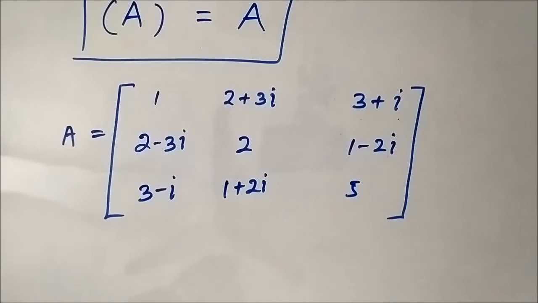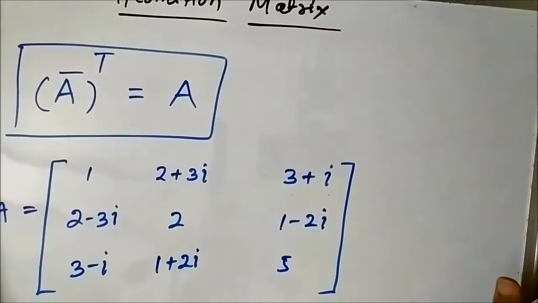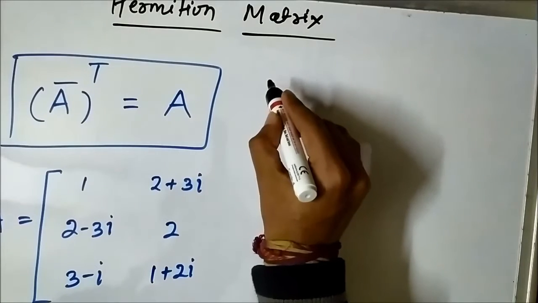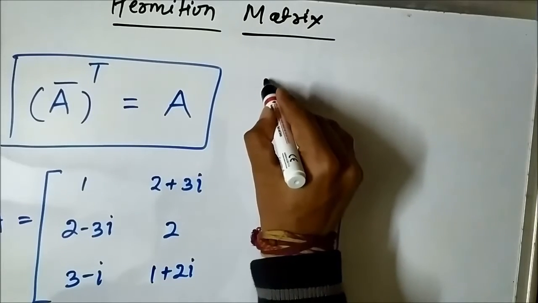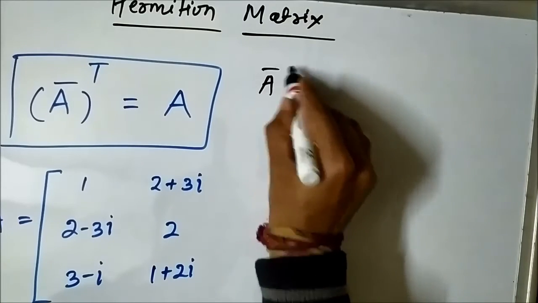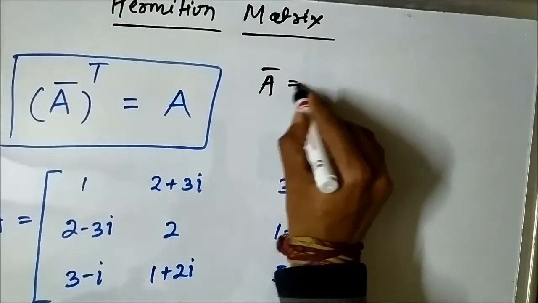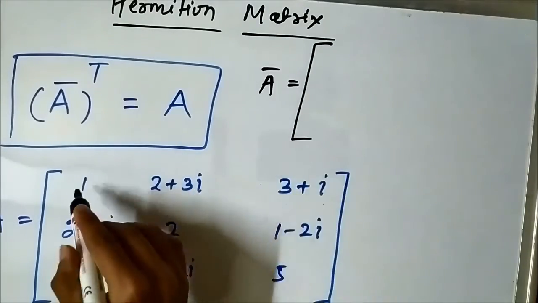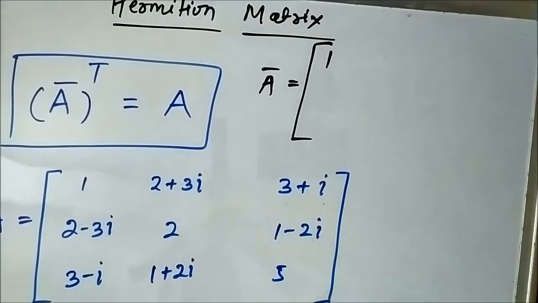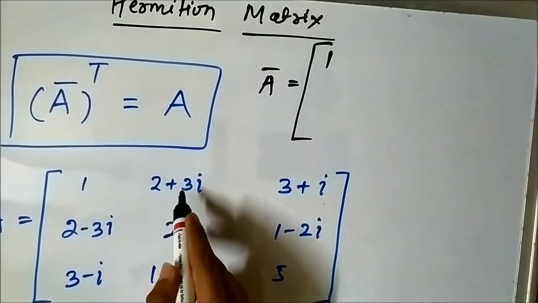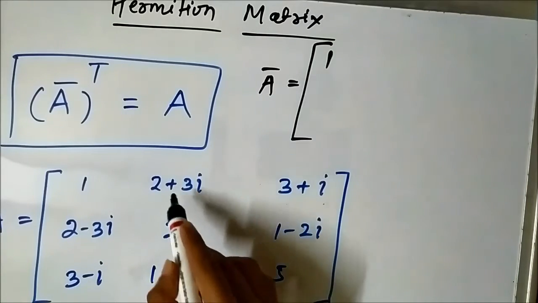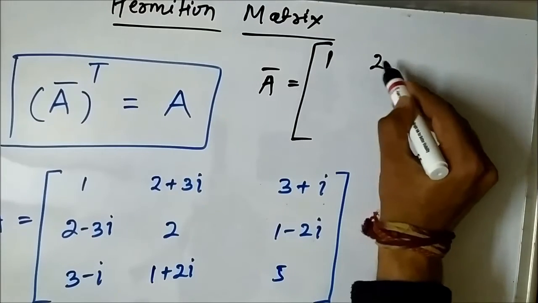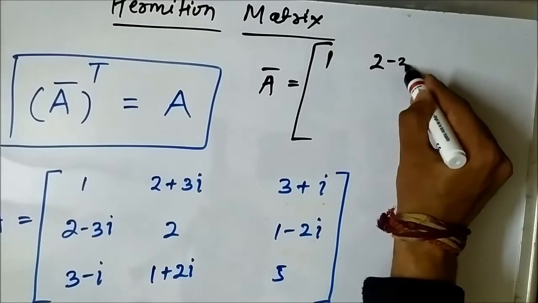Let us calculate the complex conjugate here. As there is less space, the complex conjugate of this matrix will be: 1 is a real number, so it will stay as it is. For 2 plus 3i, the real part will stay as it is and the imaginary part will be multiplied by minus 1.